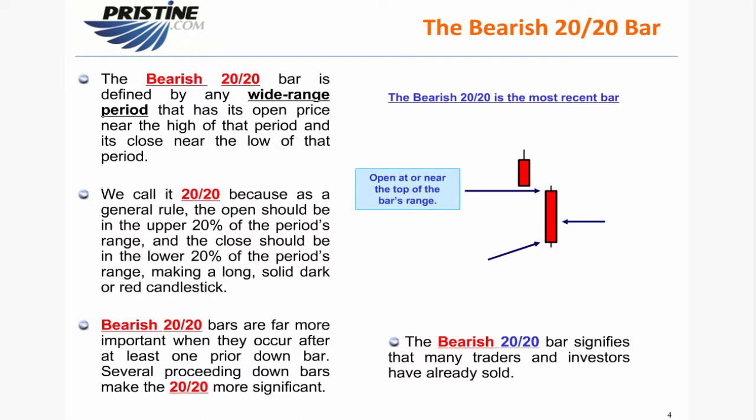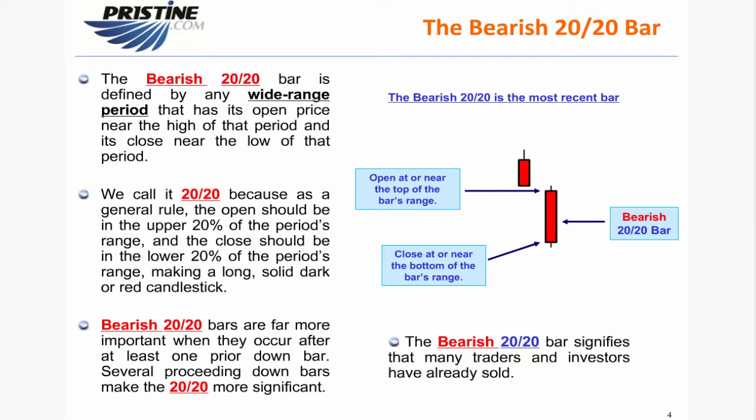The bearish 2020 bar is just the opposite. It is a bearish candle defined by a wide range bar that has its opening price near the high of that candle and the close near the low. As a general rule, we call it a 2020 because the open should be in the upper 20% of that candle and the close should be in the lower 20% of that candle.